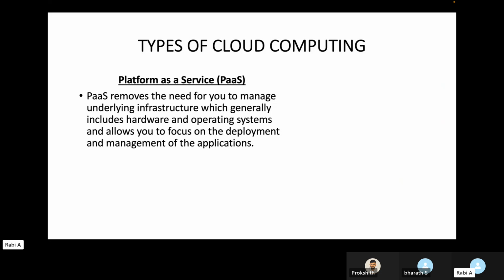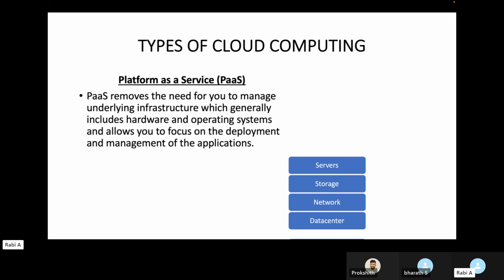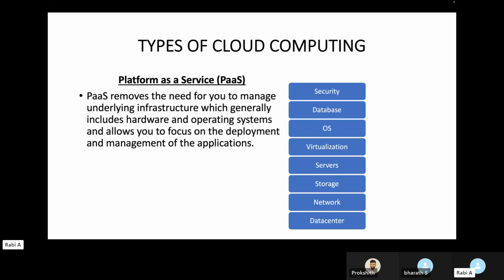You don't have to worry about setting up the infrastructure and all those things. The data center, network, storage, servers, virtualization, OS, database, security, everything will be taken care of by the service provider. And you will be responsible for developing, maintaining, and deploying the application.